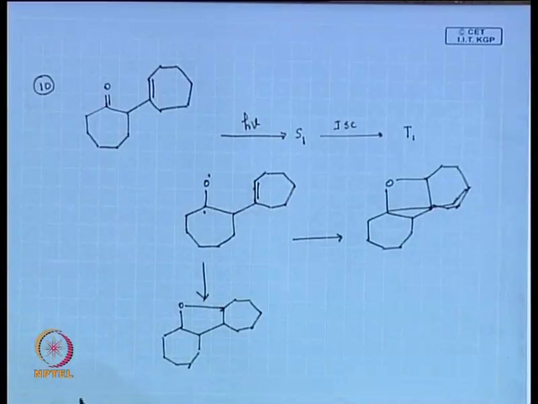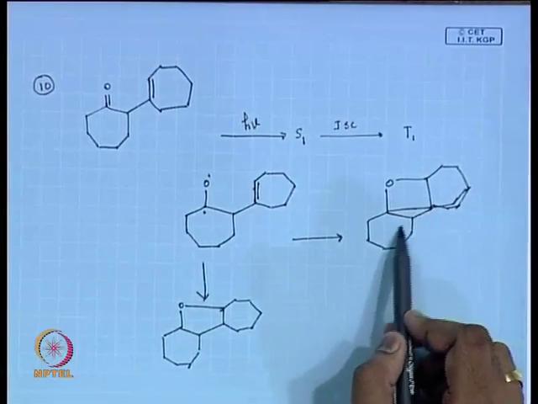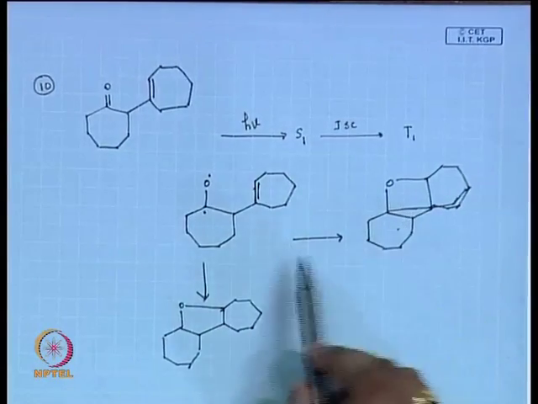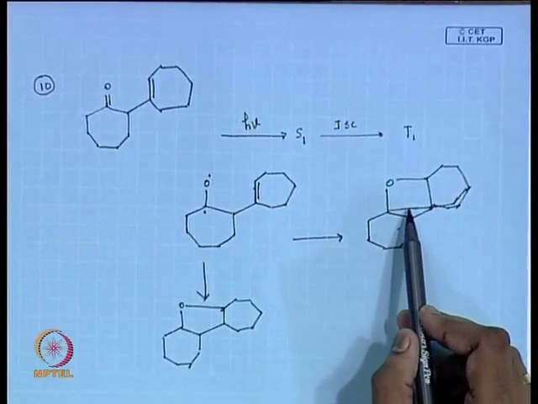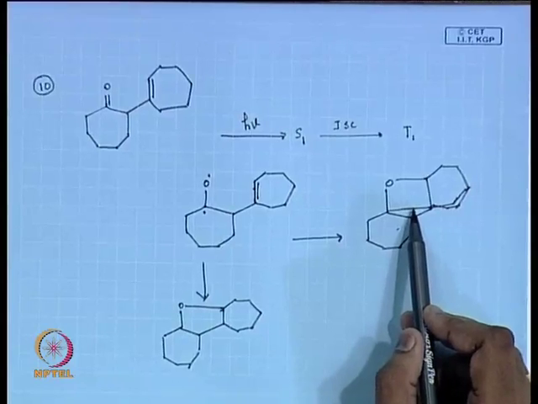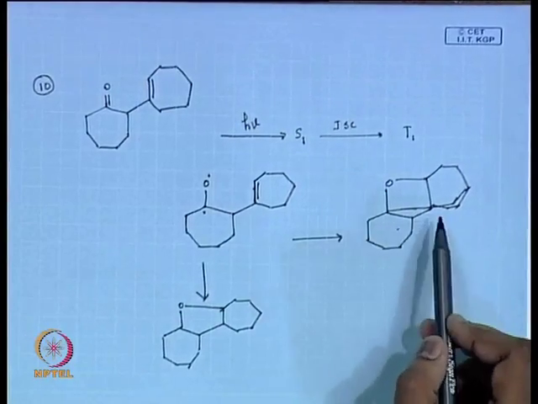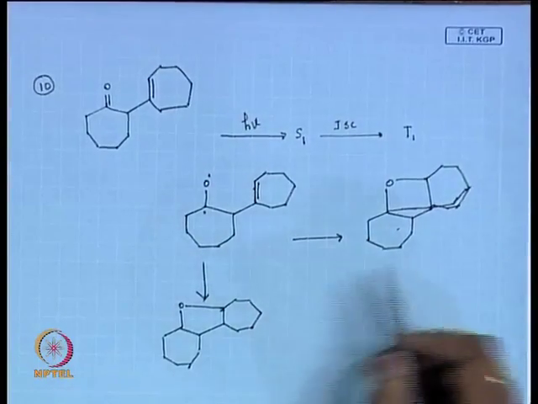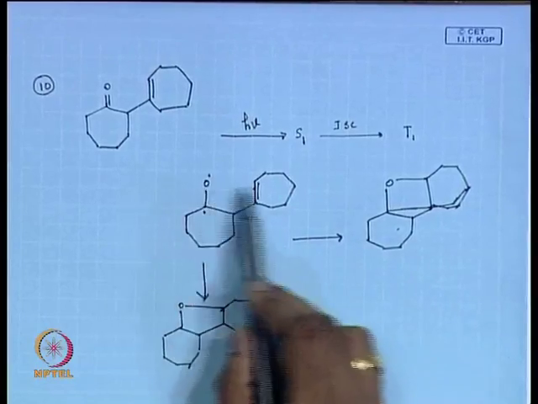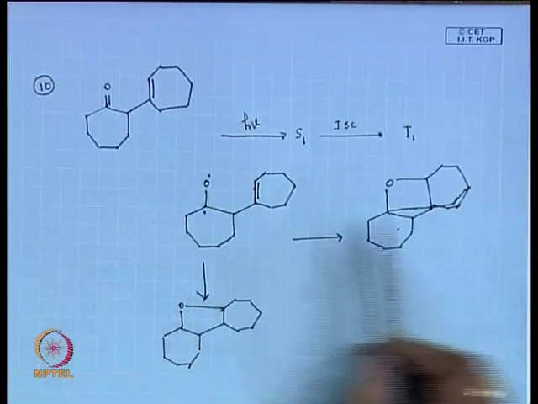Nice example to discuss. If we are going to do Paterno-Buchi, I should get a product like this, right? Then you think this is a strained ring, so one of these bonds cleaves and gives a radical, which abstracts hydrogen from the solvent to give the product. Or it goes like this, then it abstracts a hydrogen. I am not going to make this ring.